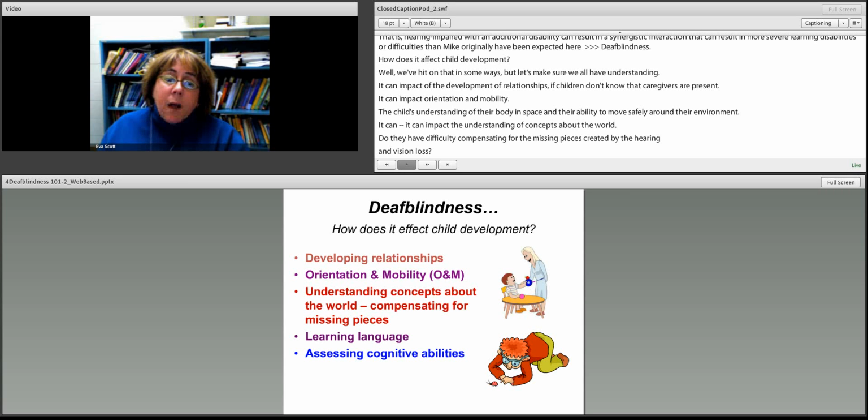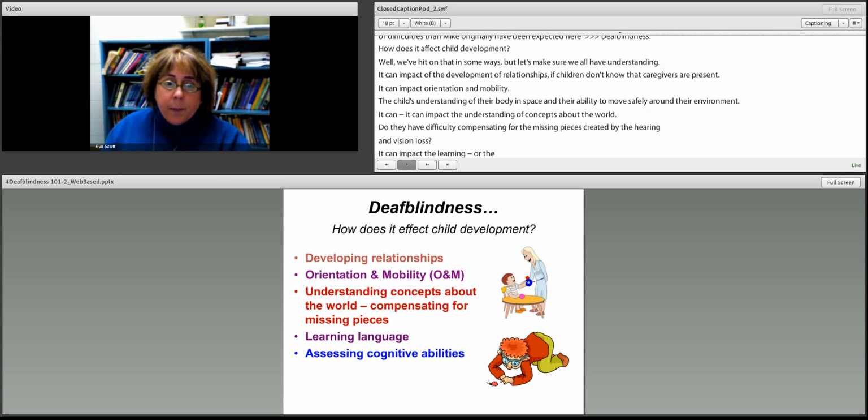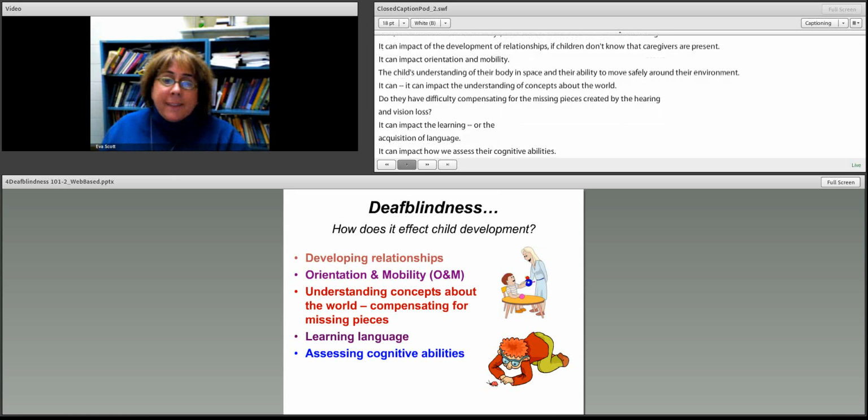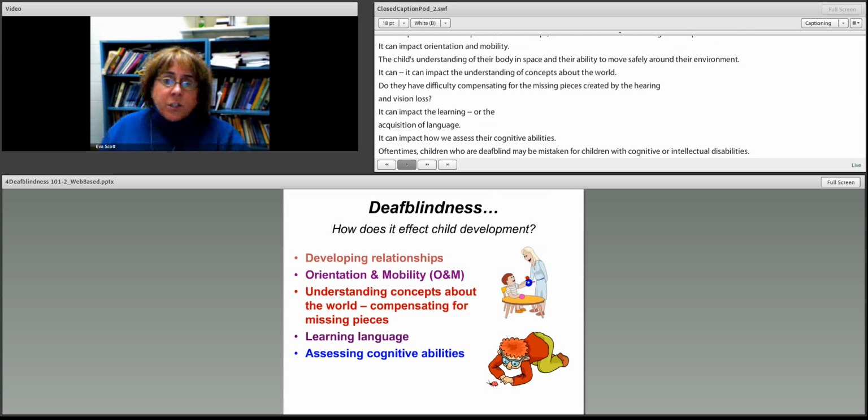It can impact how we assess their cognitive abilities. Oftentimes, children who are deaf-blind may be mistaken for children with cognitive or intellectual disabilities. And my rule of thumb has always been to suspend beliefs about cognition until we understand how the information is getting in, how they're accessing information, how they're processing it, and what they're able to do with it once they have access.